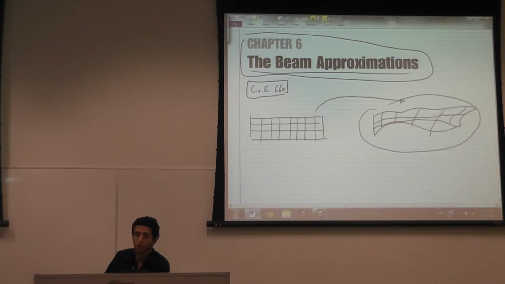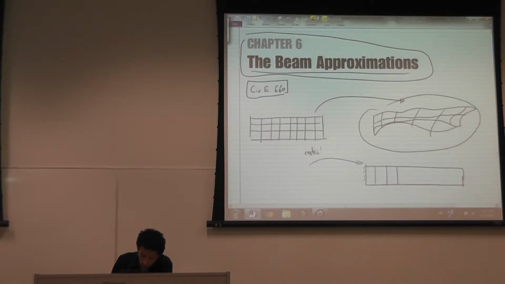And the restrictive assumption that we put is that plane sections have to remain plane. So the restrictive assumption for beams is perpendicular to the neutral axis.